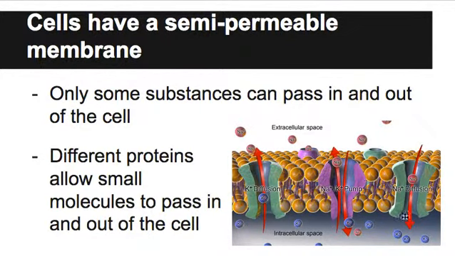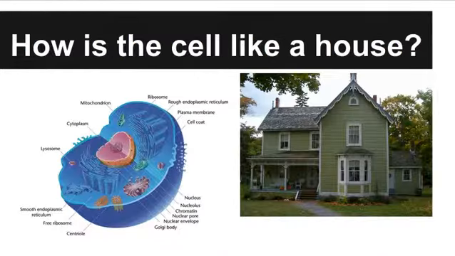There are different proteins which allow small molecules to pass in and out of the cell. You can see them embedded in the phospholipid bilayer, with the outside and the inside of the cell, and molecules passing in or out. It's up to these pathways to allow that to happen.